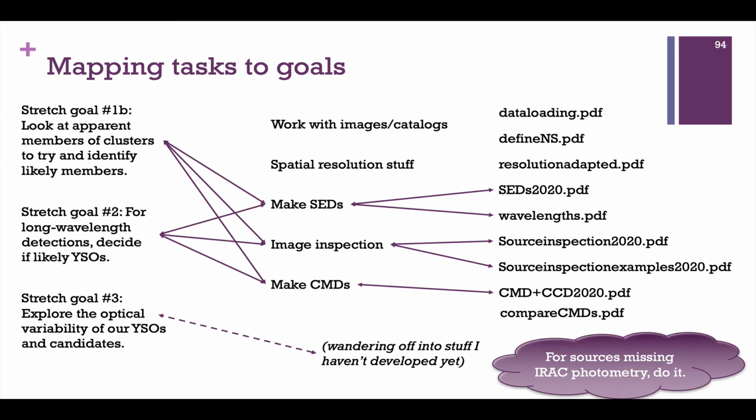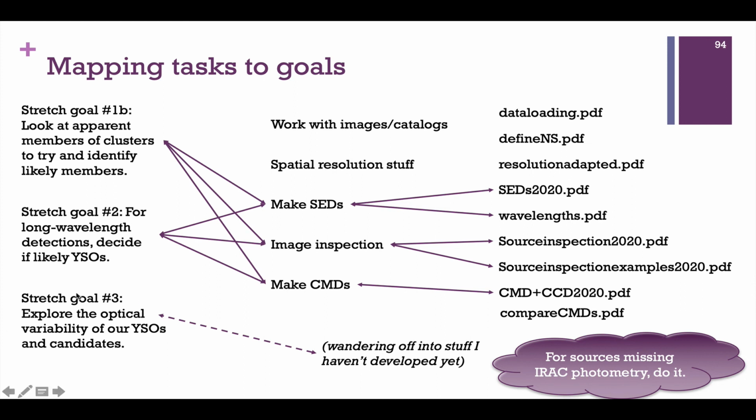Now, for our other goals, stretch goal 1B was look at the apparent members of clusters to try to identify members. That involves making SEDs, image inspection, and making color magnitude diagrams. Stretch goal number 2, for the long wavelength detections, decide if they're likely YSOs. Same thing. So once you've mastered those 3 things, once you get to the point where you can do them quickly, it's going to be straightforward to do these other sources.